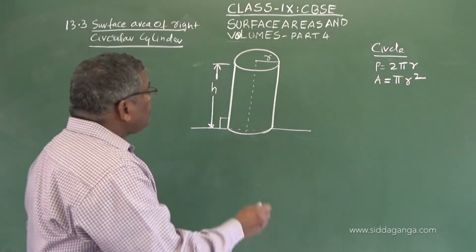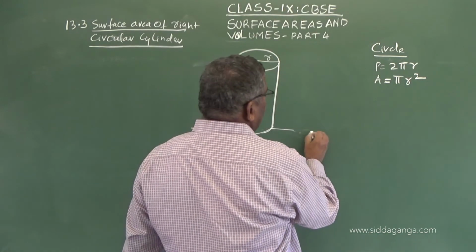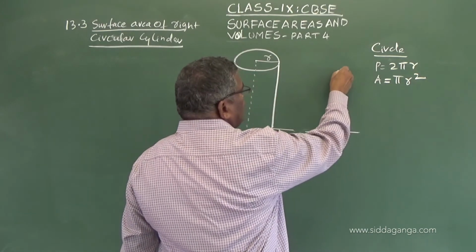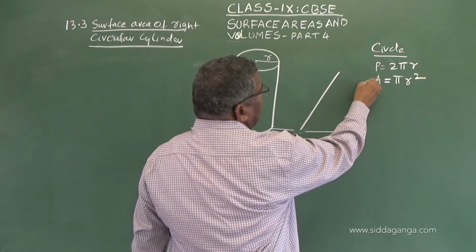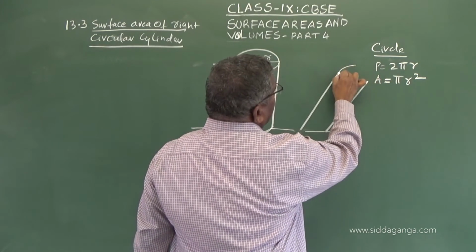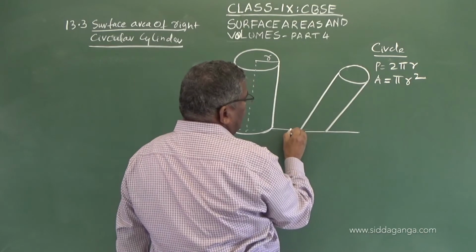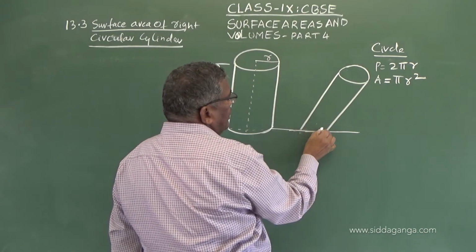Suppose if the cylinder is in this fashion, you observe this. Suppose if you have a ground, if the cylinder is cut slantly, so of course it is cylindrical in shape. You can see this is cylindrical only, but at one end it is having a slant cut.